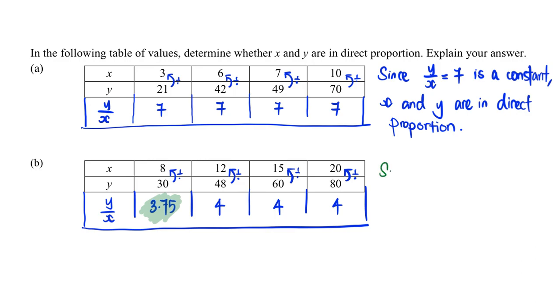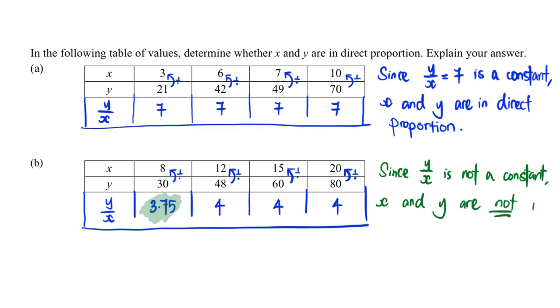So since y over x is not a constant in this table of values, x and y are not in direct proportion. And that's how you check whether they are in direct proportion or not. Let's move on to the next example.